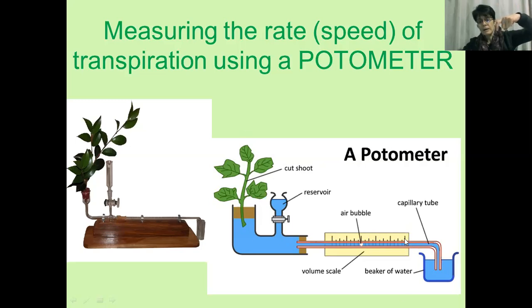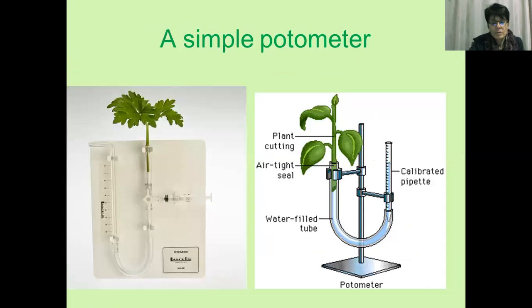You wait until the bubble gets here, and then you time how long it takes for that bubble to move to the other side. Under different conditions, you could place the plant just like it would be outside in the normal weather. This is called a photometer. It measures the rate or speed of transpiration. The different types of conditions we'll have a look at just now.